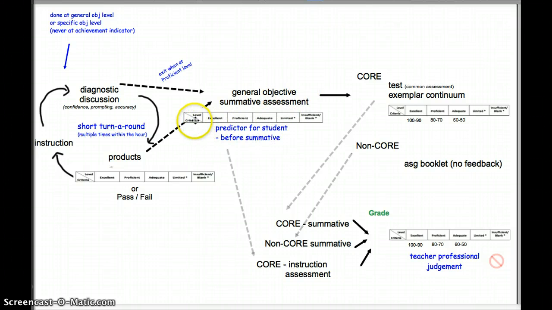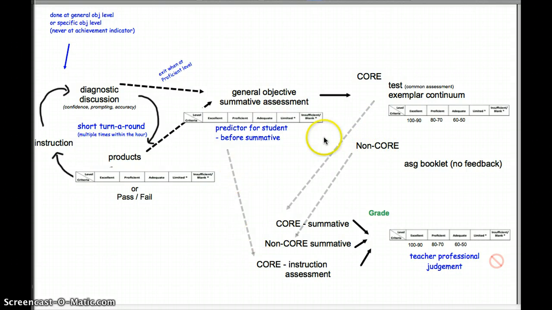We give students a predictor mark, as they've been getting all throughout here, on how we think they have mastered that objective. And then we do a summative assessment upon that, either using a test on just those core subjects or an exemplar continuum. The non-core stuff, extra questions that they may have completed independently with distance learning guided material, would basically be a summative assessment here.